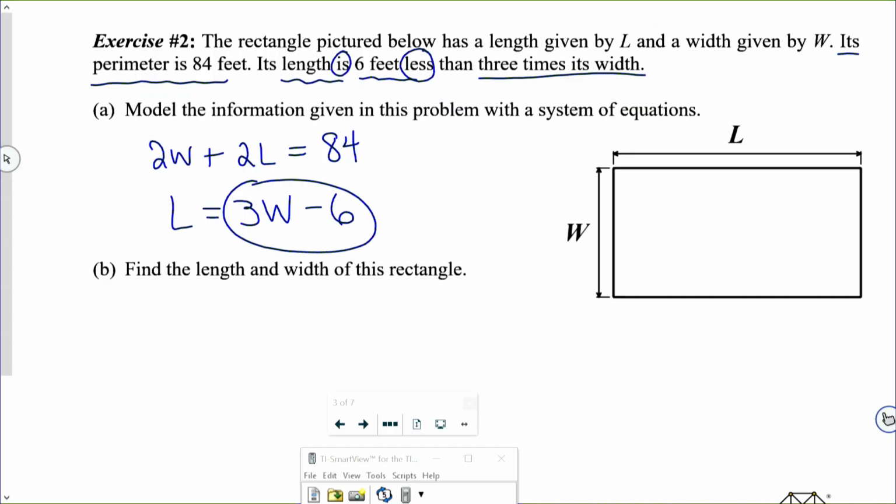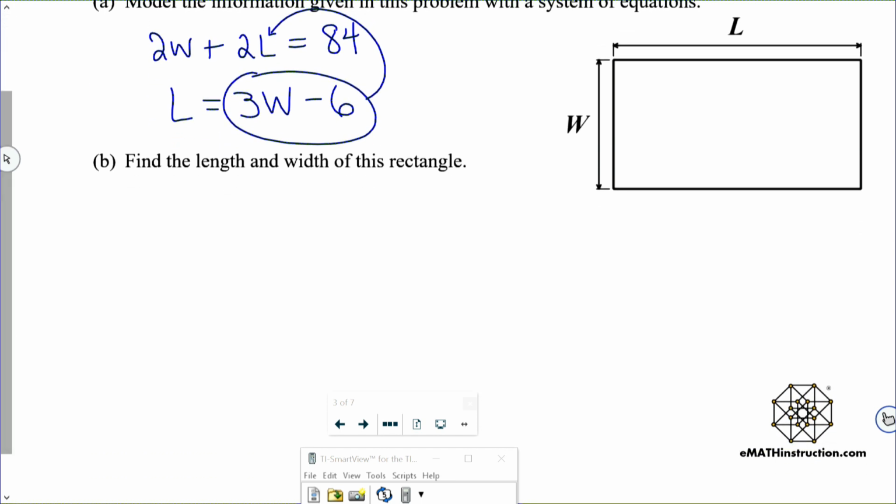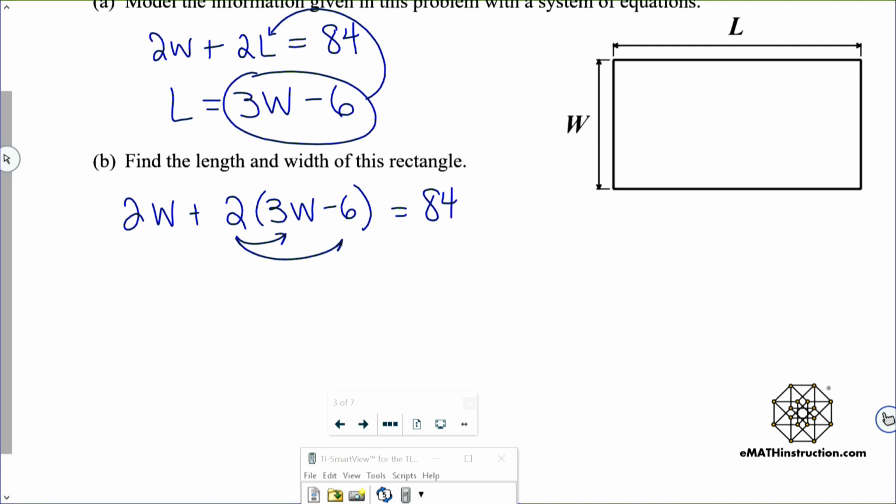We're going to take that 3W minus 6 and substitute it into that first equation for L. But remember, we've got to multiply the entire 3W minus 6 by the 2. That means we've got to do a little bit of distributive property here. So I'm going to get 2W plus 6W minus 12 is equal to 84.